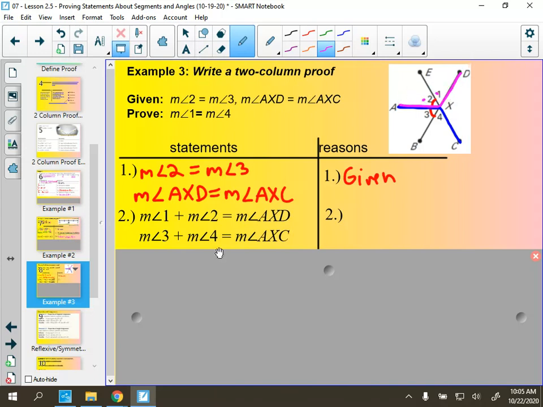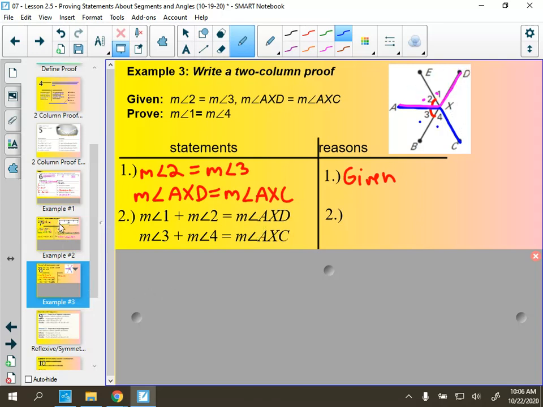In the same breath, the measure of angle 3 plus the measure of angle 4 make up the measure of angle AXC. Yeah, we said that. That's very generic. 3 plus 4 equals this big blue one. 1 plus 2 equals the big pink one.